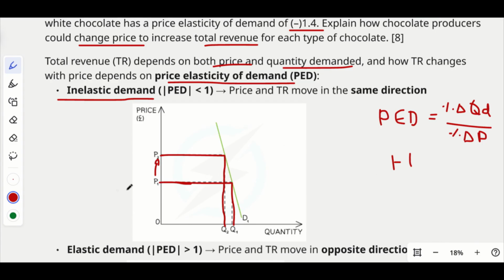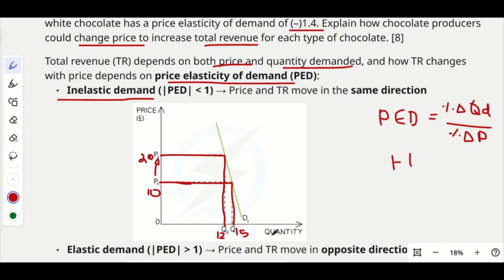For example, let's take some values. Initially the price was 10, and at 10, 15 units were sold. Now the price is 20, and 12 units are sold. What is the total revenue?